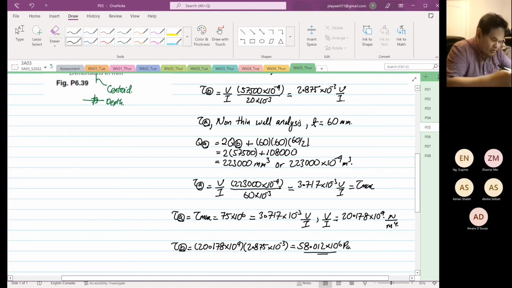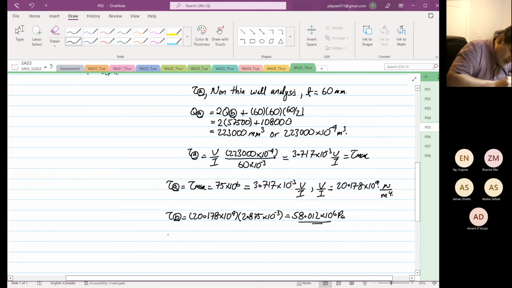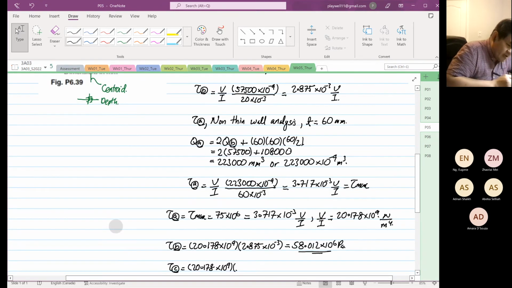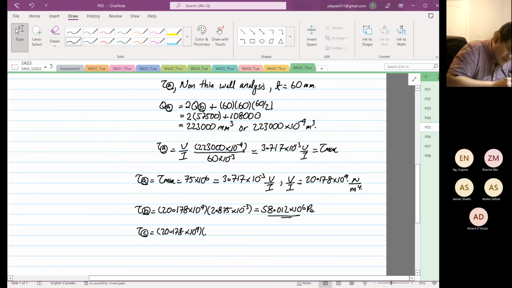Okay, let me do it again. Yep. And then we can find the shear stress at point C is equal to 20.178 times 10 to the power 9 multiplied by the coefficient at point A, which is 750 times 10 to the power minus 6.